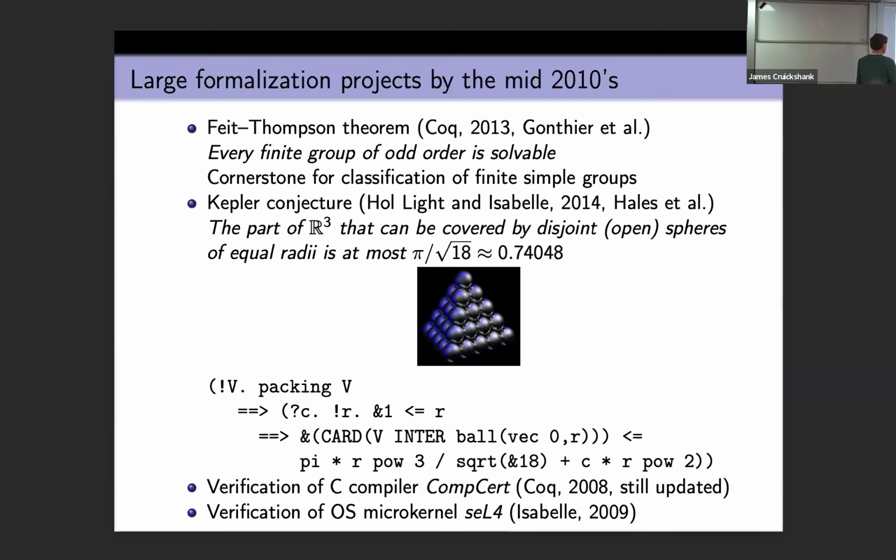We intersect this packing set, the midpoints, with the ball of midpoint 0, radius r. And then we count how many midpoints there are in this ball, and that should be at most pi r cubed divided by square root 18 plus some error term.